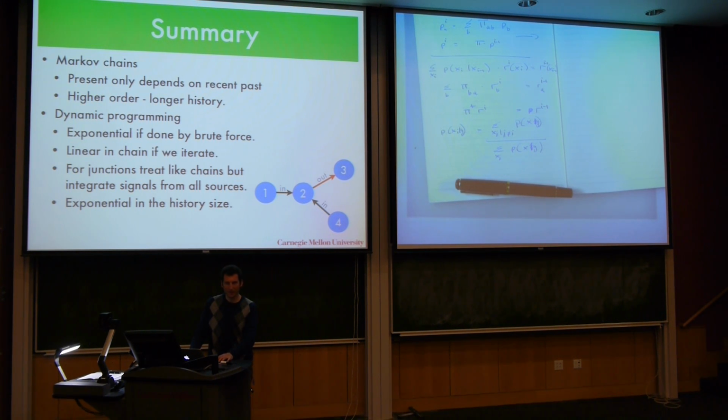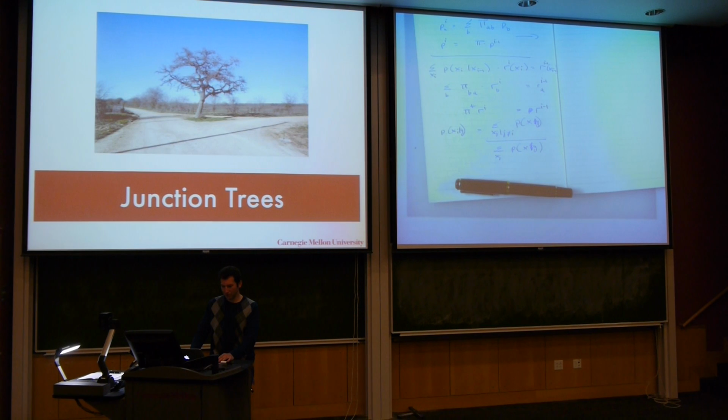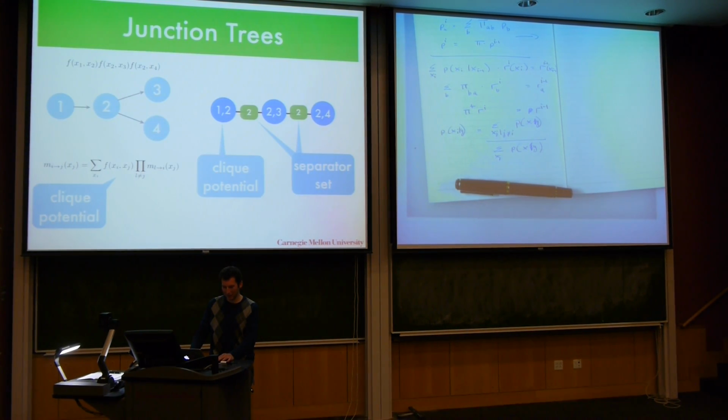And this is great if the context is small enough, but it's really expensive if you have a very long history. So now junction trees, I'll just tell you what they are, because there's just not a lot of time. That's essentially a generalization of what happens if you don't have just a simple chain or a tree.